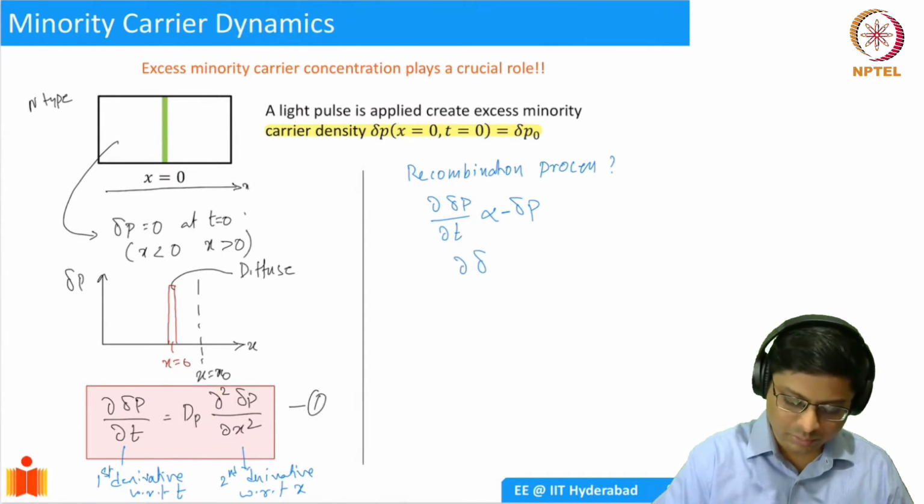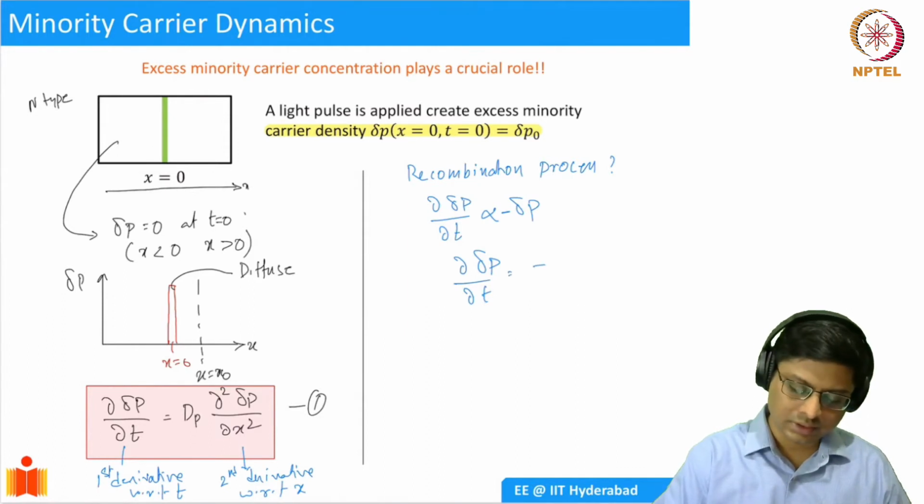And if you write out the actual equation, the proportionality constant turns out to be: partial derivative with respect to time is equal to minus delta p divided by tau p.